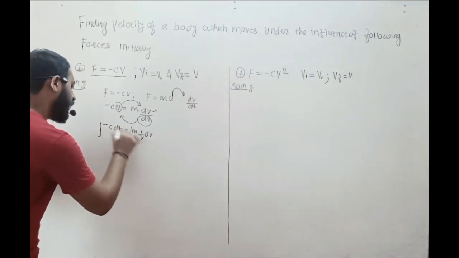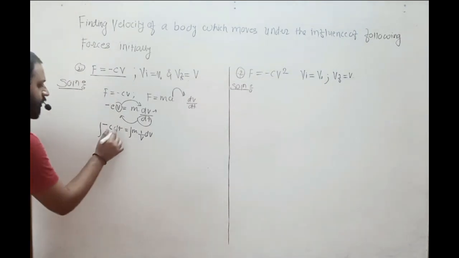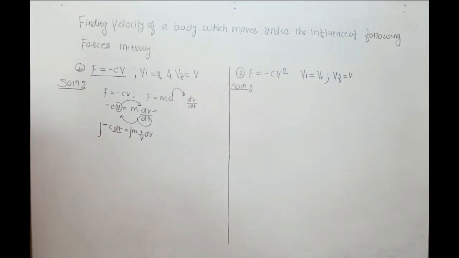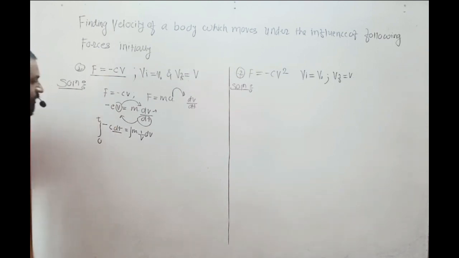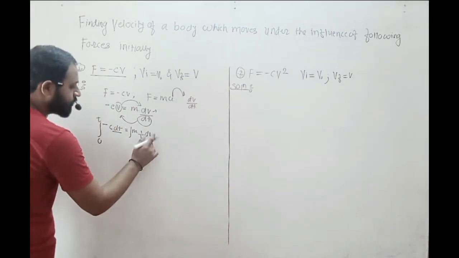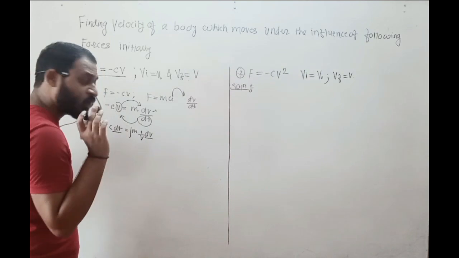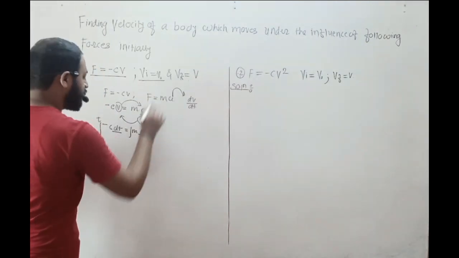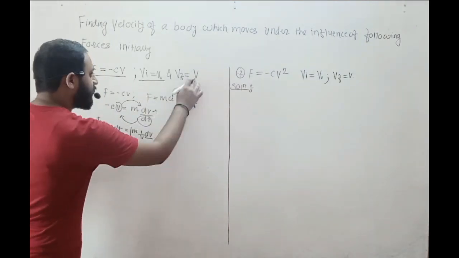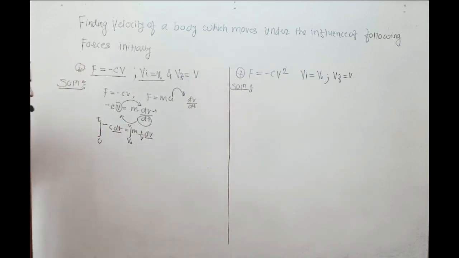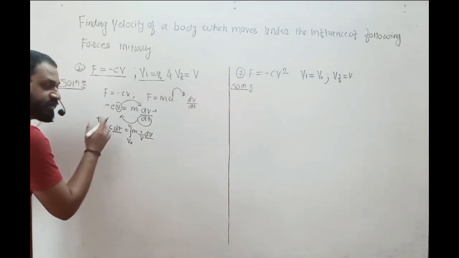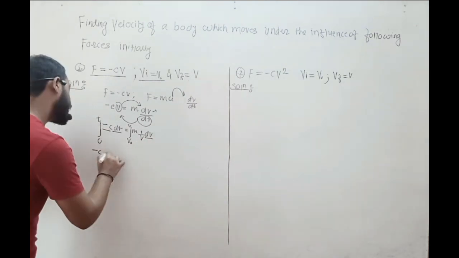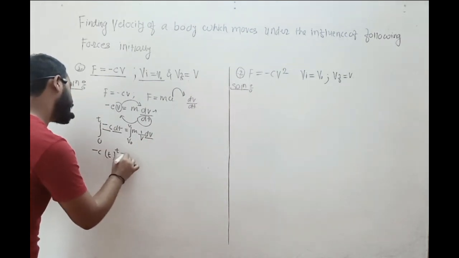Take the integral on both sides. You are integrating with respect to t, initially time is 0 and finally something t. But here you are integrating with respect to dv, and initially velocity is v0 and finally something v. Minus c is constant for dt, take it outside, and the integral is nothing but t from 0 to t.